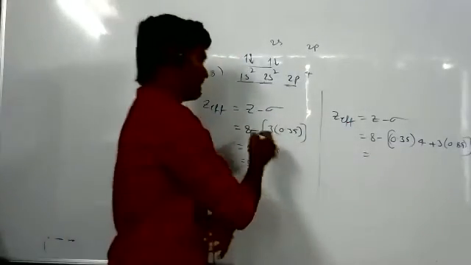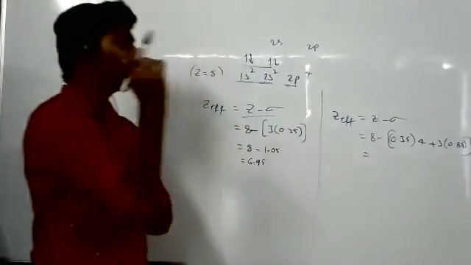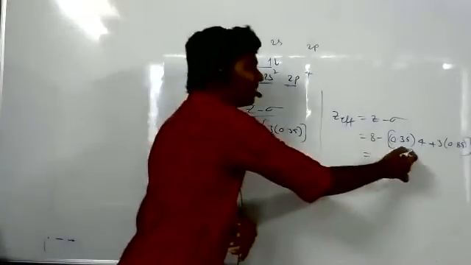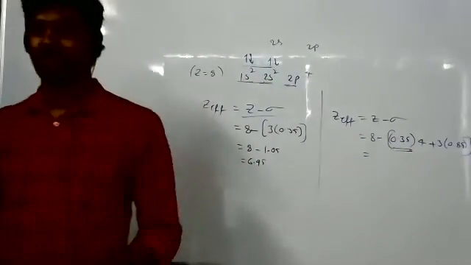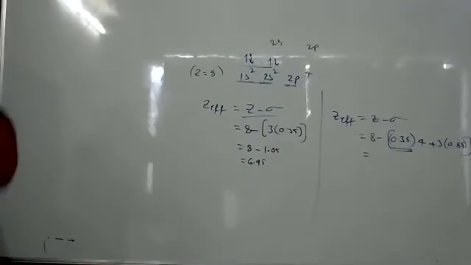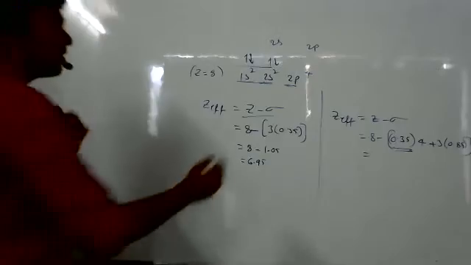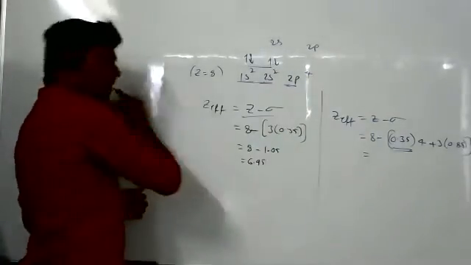Yes, that is it. Whichever electron we have to find Z effective for, we take all the electrons before it. We don't take right side electrons, only left side electrons.